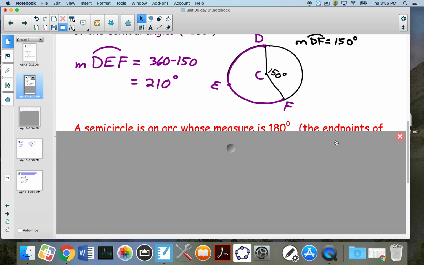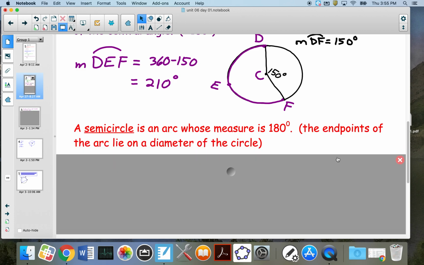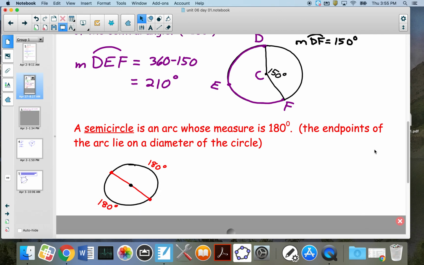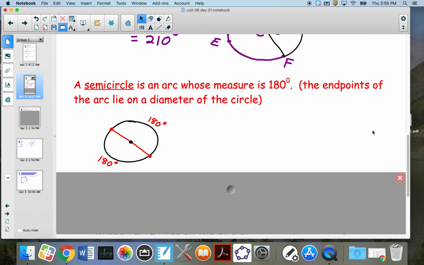And finally, we have a semicircle, which is exactly half of the circle. The measure of a semicircle is 180 degrees. The angle is actually the diameter of the circle. So both of these arcs are 180 degrees.